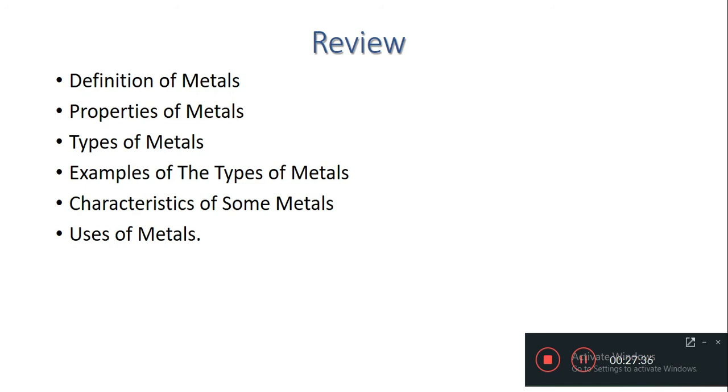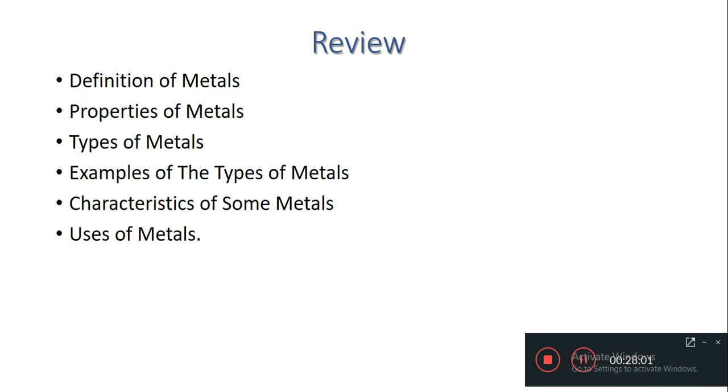We say metals conduct electricity, they conduct heat, they have shiny surfaces, they are malleable, they are ductile, they are heavy. They are also sonorous, which means when you strike the surface, metal creates a bell sound.